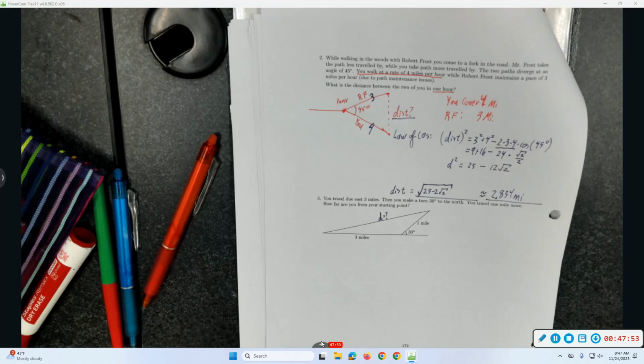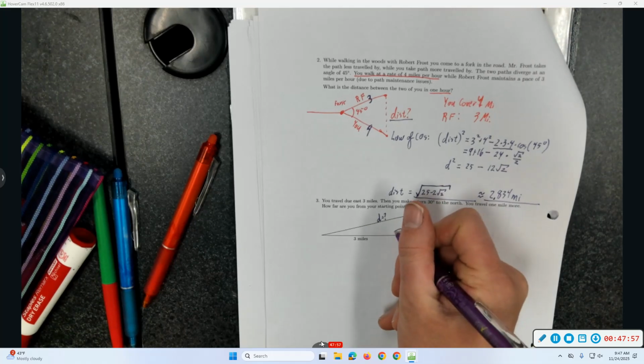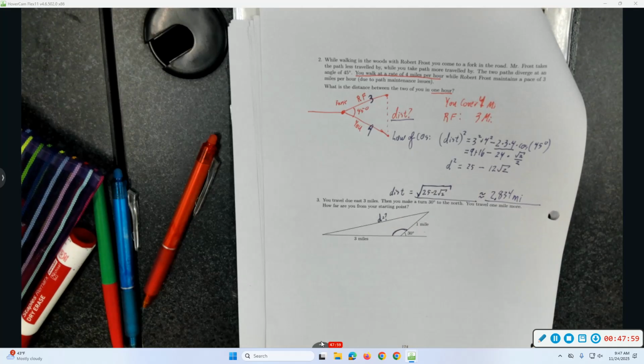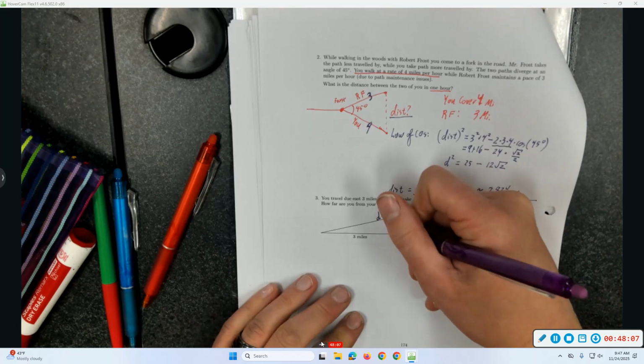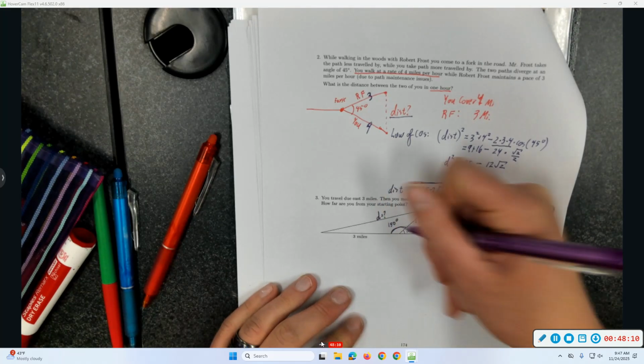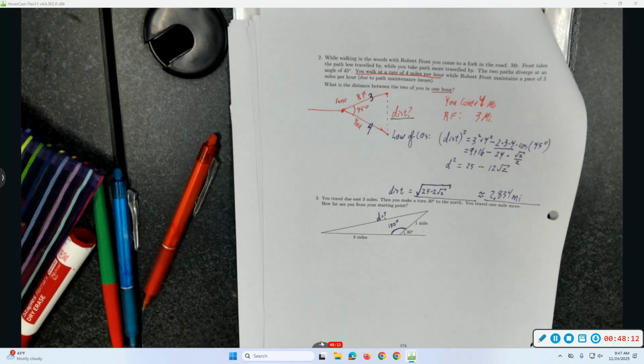At least as long as you can do subtraction, I guess. In fact, what is that opposite angle? 150, because these two should add up to 180 degrees. 150 degrees is what's left. Oh, cool. Is that everything you need to use law of cosines?